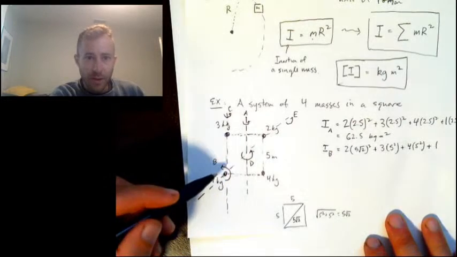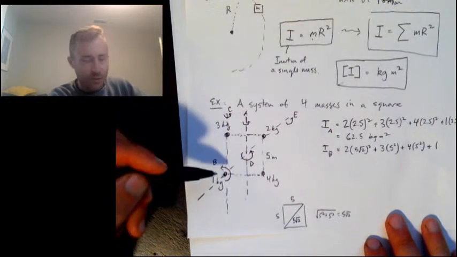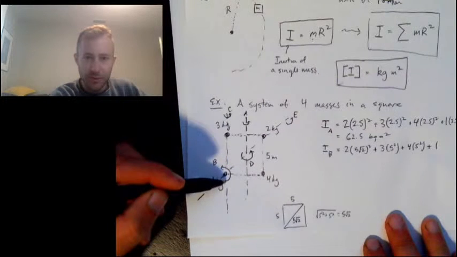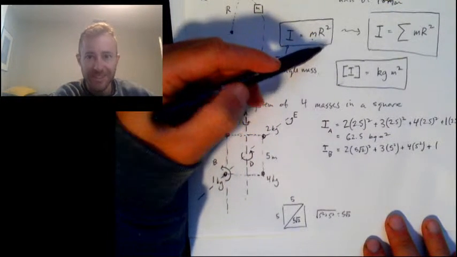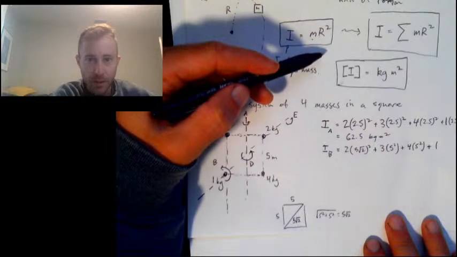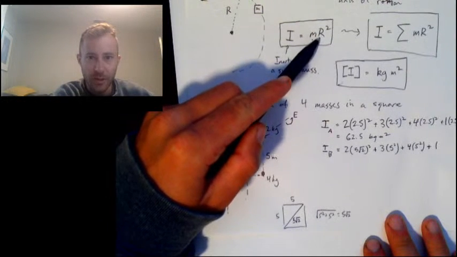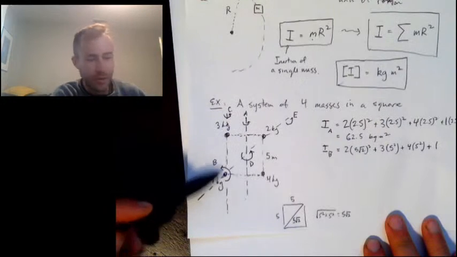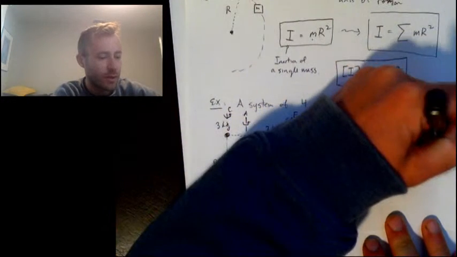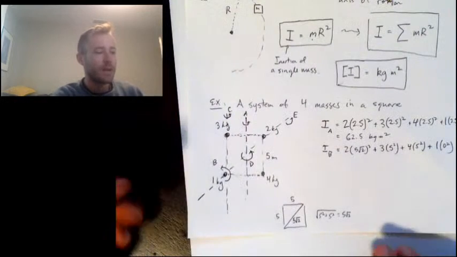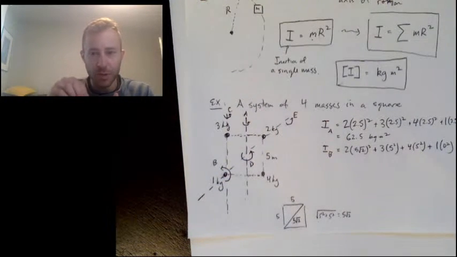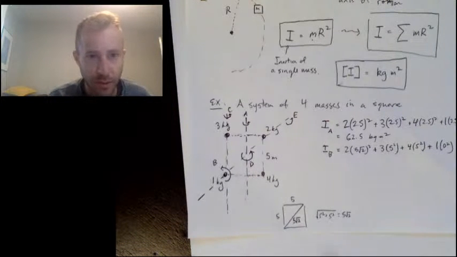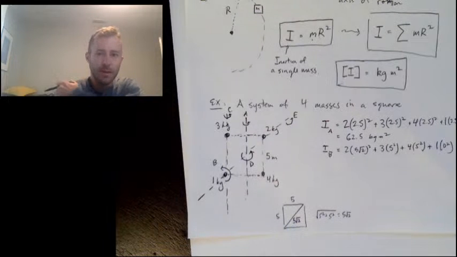Now the 1 kilogram mass is on the axis of rotation. So its distance from the axis of rotation is 0. So its R value is 0. So it has no inertia. So this is an important point. If a mass is on the axis of rotation, it does not contribute to the rotational inertia of the system.